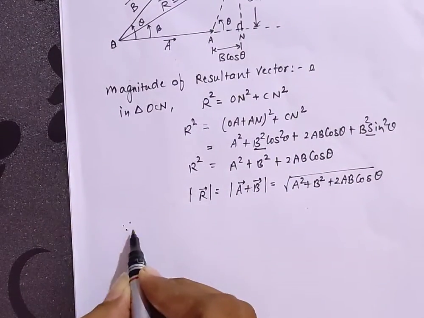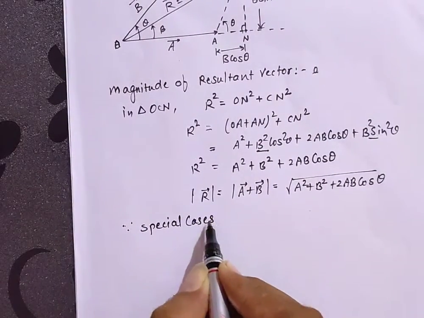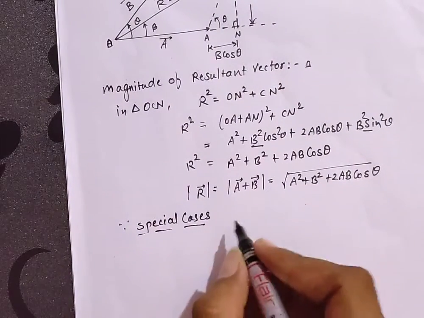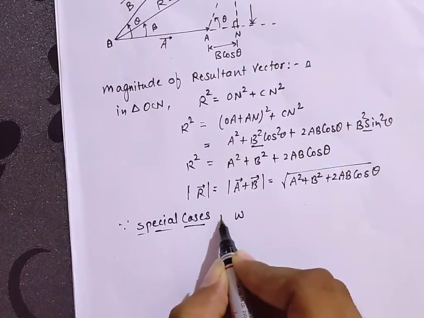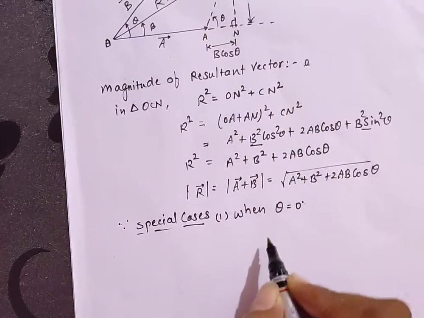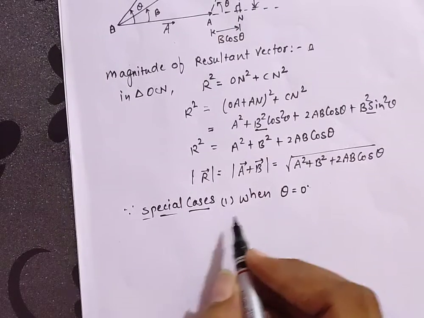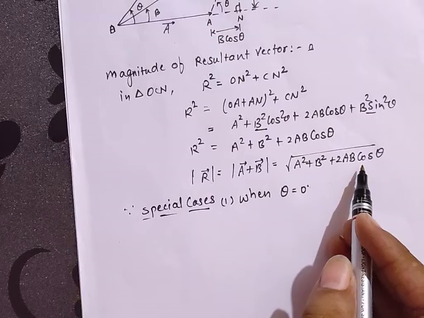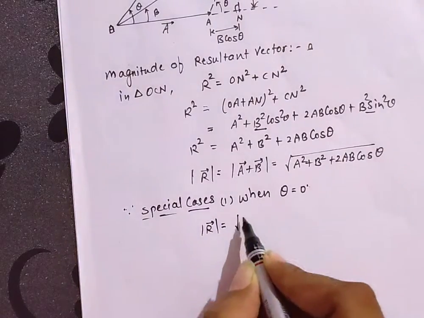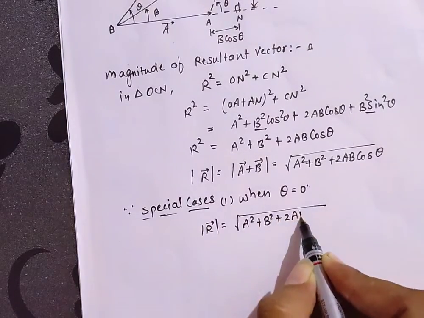Now let's talk about some special cases. What are the special cases? The first case is when theta is equal to 0 degrees. Then this formula turns out to be: the magnitude of R is the square root of A square plus B square plus 2AB.